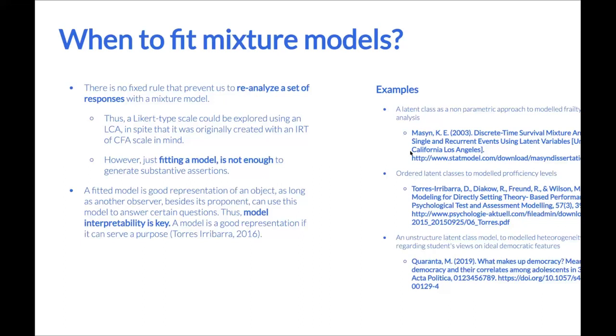So we're going to discuss at least three applications that I know regarding how to use a latent class for a specific purpose. One of them is using latent class analysis to express the theoretical notion of the long survivor.